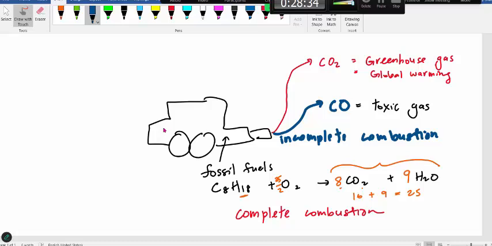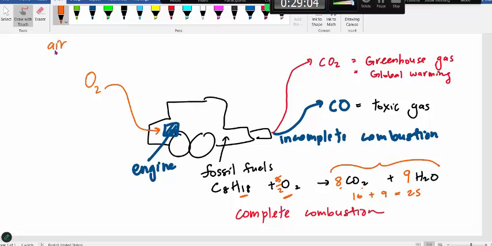Now, what else happens is a car must have an engine, right? When you pump the petrol, you add in petroleum. Do you add in oxygen or not? Do you pump petrol and then you add in oxygen? Of course not. The oxygen comes from the air. The air gets sucked in.